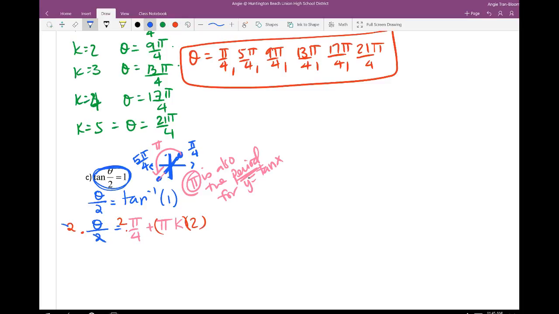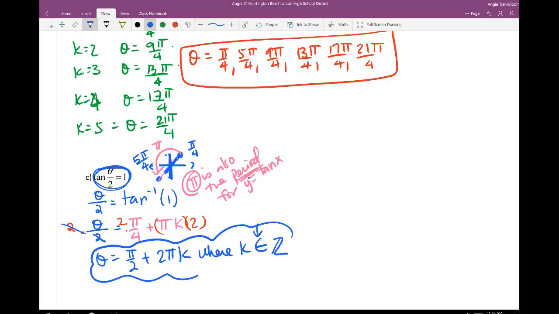So now theta is 2 pi divided by 4, reduce that to pi over 2, plus 2 pi k, where k belongs to the integers. So that right there is one equation, okay?